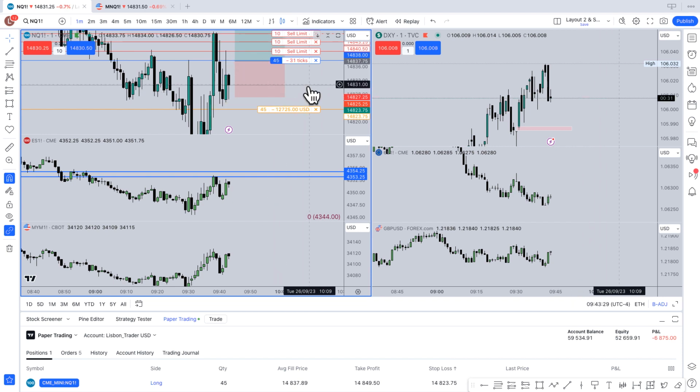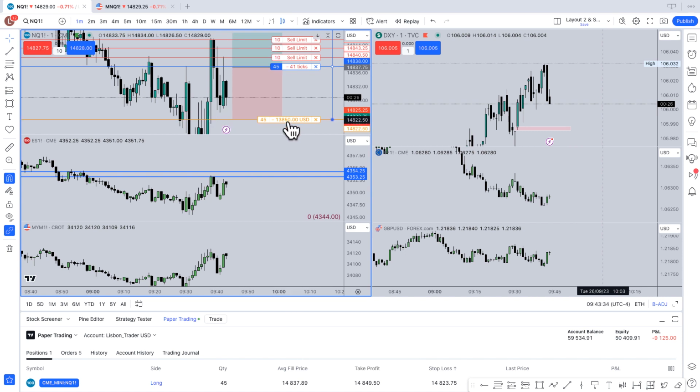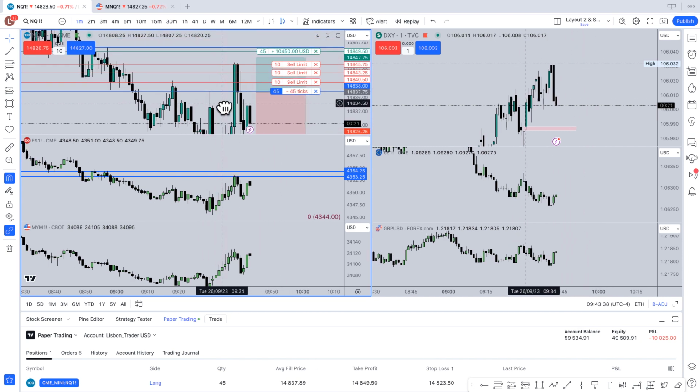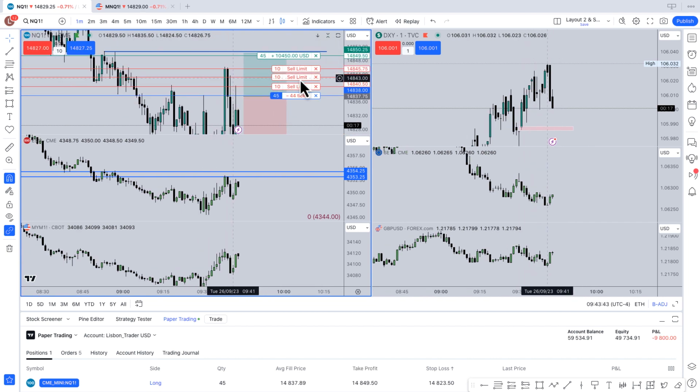So it's roughly a 10 handle, 15 handle stop, with a 12 handle profit.